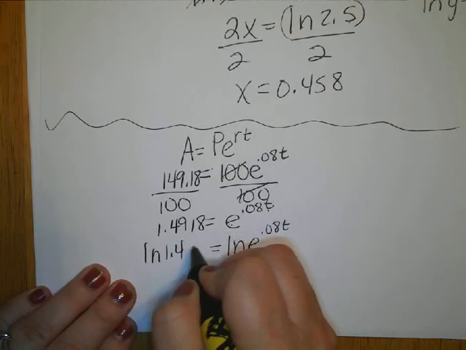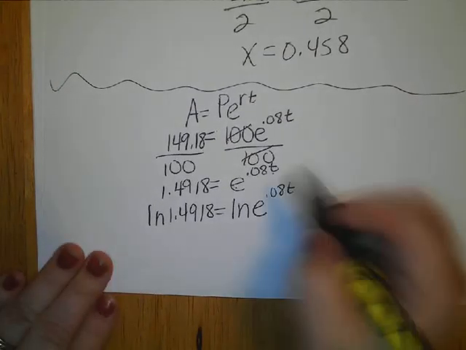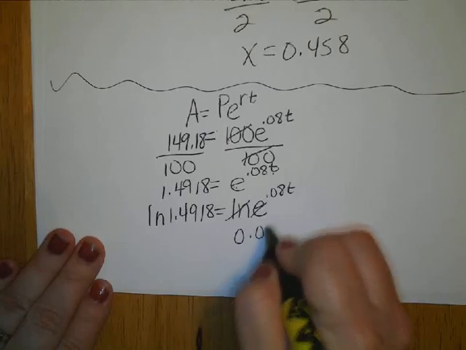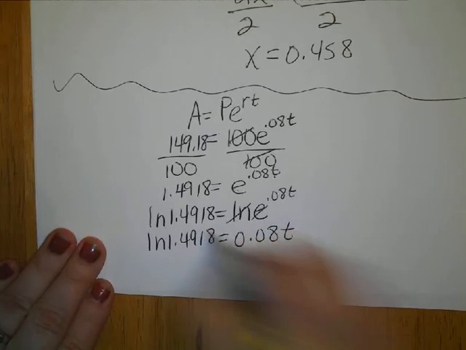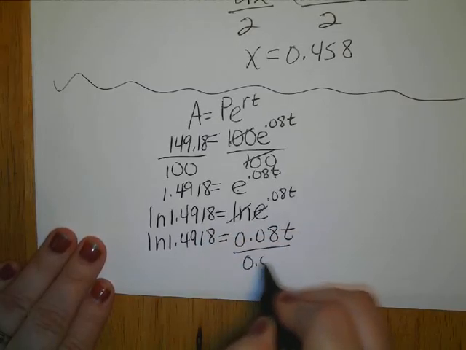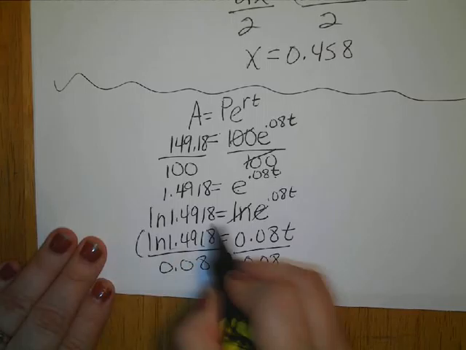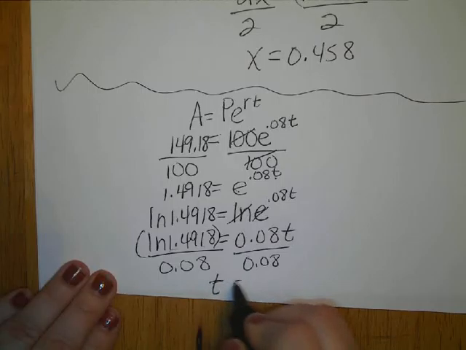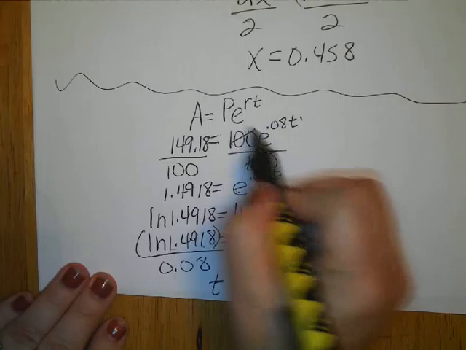Remember that when you take the natural log of e, you're just left with the exponent. How do I get t by itself? Divide by this. Notice I haven't done anything with the natural log yet. I can just take this whole thing in my calculator and get t equals about 5. It took about 5 years for when I invested $100 to get $149.18.